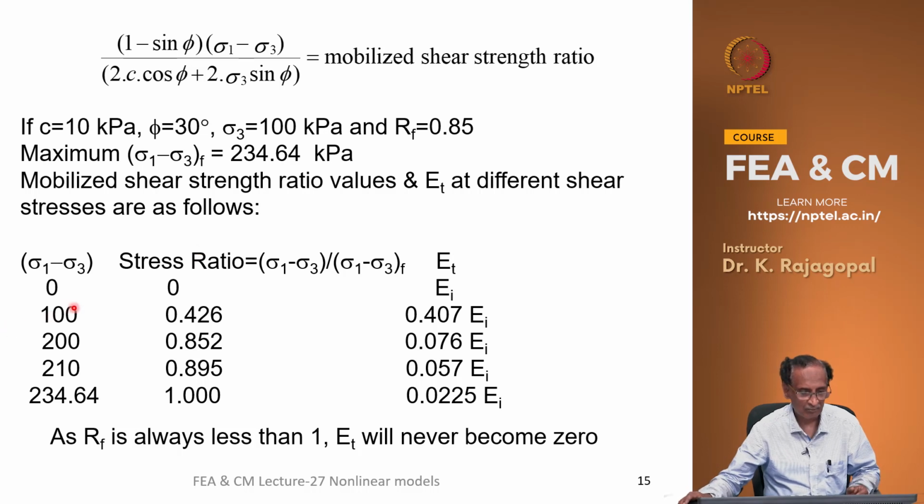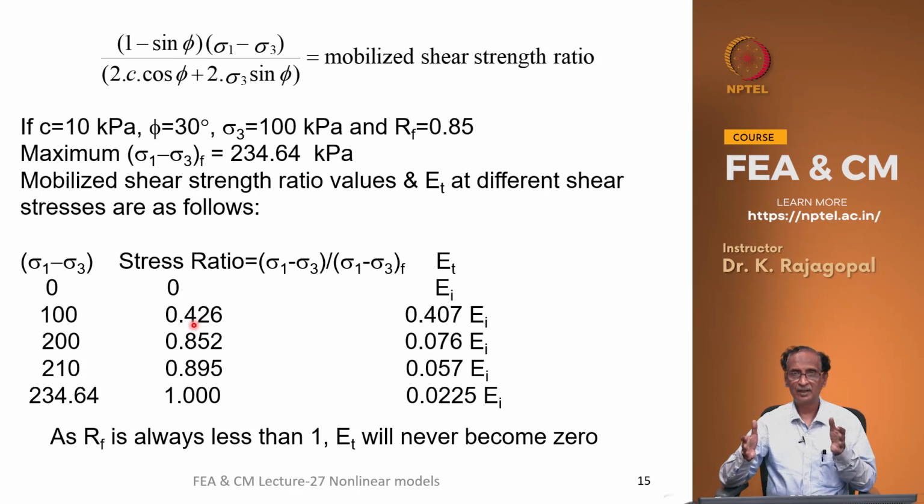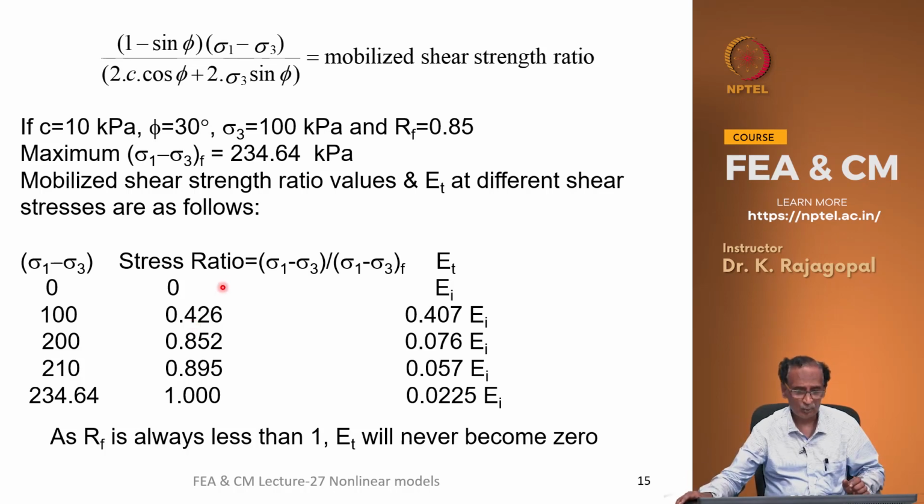And as sigma 1 minus sigma 3 is increasing, this is the stress ratio 0.426. That means that at a deviator stress of 100, you have mobilized 42.6% of the shear strength of the soil, and at 234.64, we have mobilized the full strength of the soil.